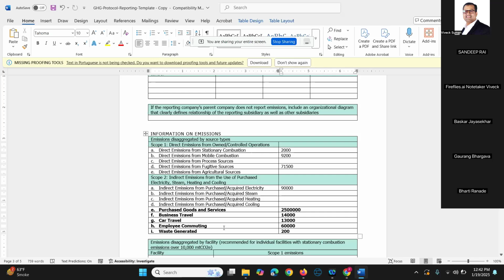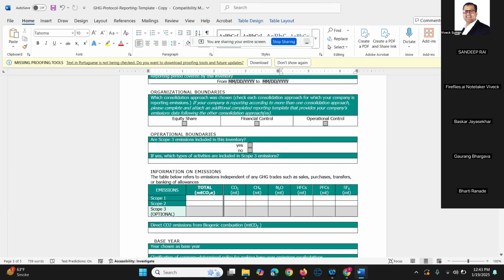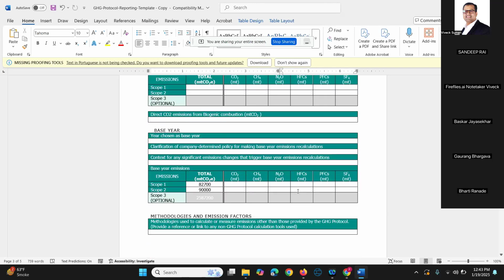The ones in bold are scope 3, and the major contribution is the 50 lakhs that was spent. Business travel 14,000, car travel 13,000, employee computing is 60,000, and waste generation was just 200. So if we total this, these are the scope 1, 2 and 3 emissions.